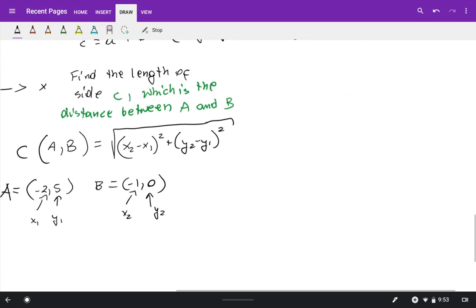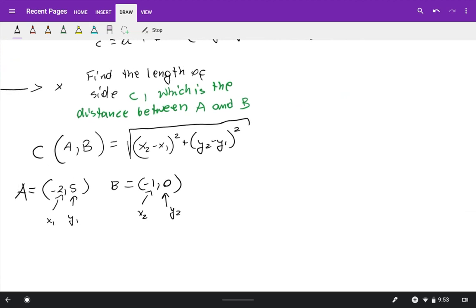So that will give us the square root of (x2 minus x1) squared, so we have -1 minus -2, squared, plus (y2 minus y1) squared, which is 0 minus 5, squared. Everything is under the square root.